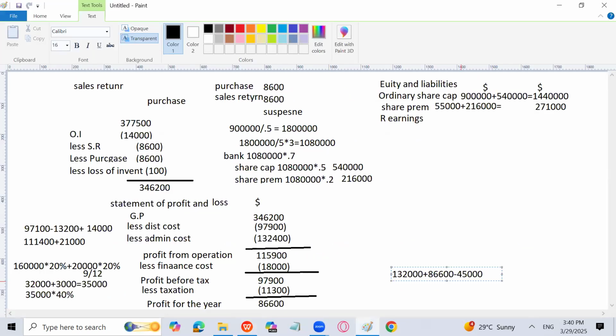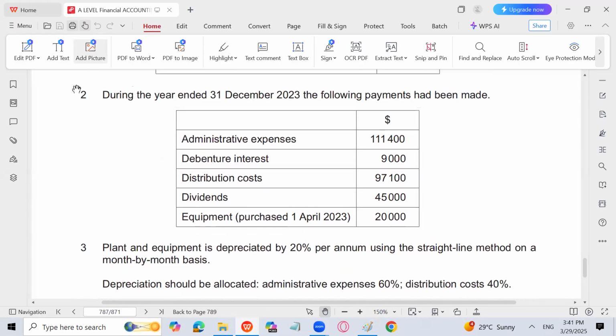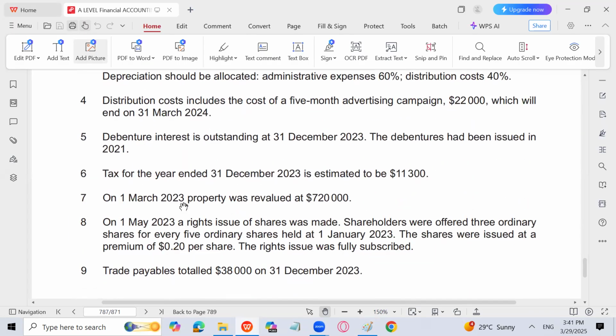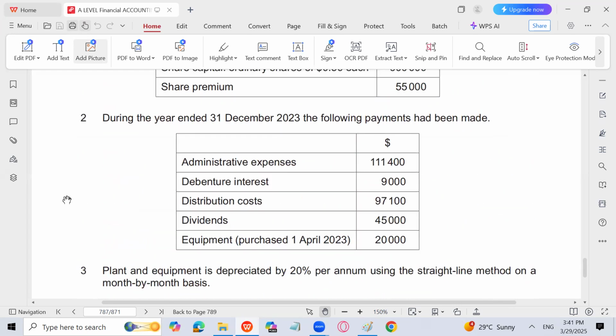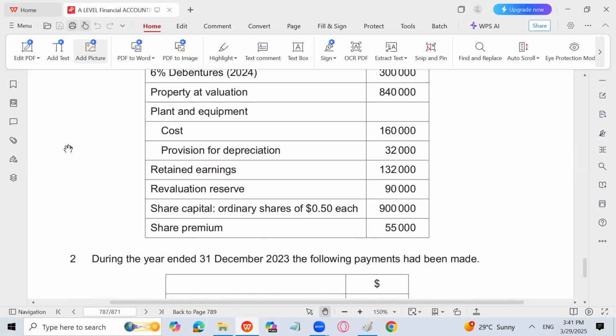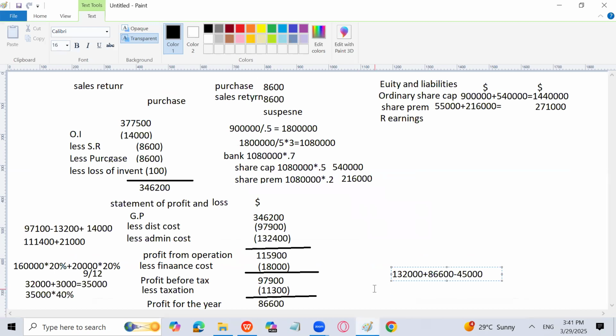But here comes another thing, which is the revaluation downward. And this is a big thing in the question. Revaluation downward is suggesting that the property was revalued at 720,000 now. And if you see the value of property, it is 8,40,000. 8,40,000 minus 720,000 means the property has been revalued downward by 1,20,000.